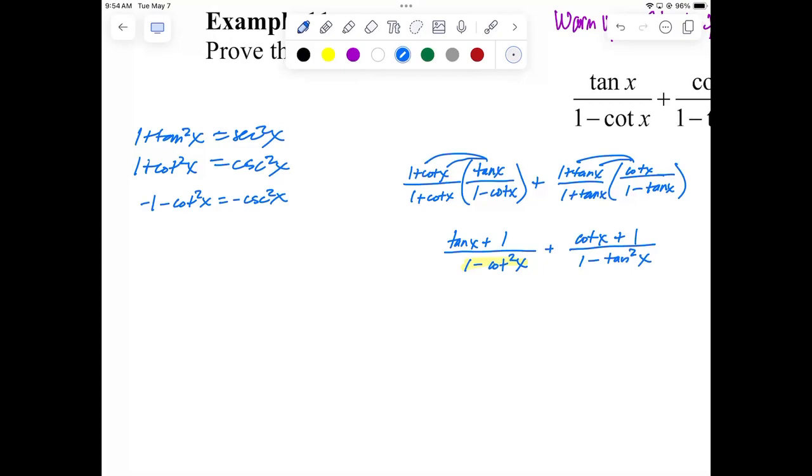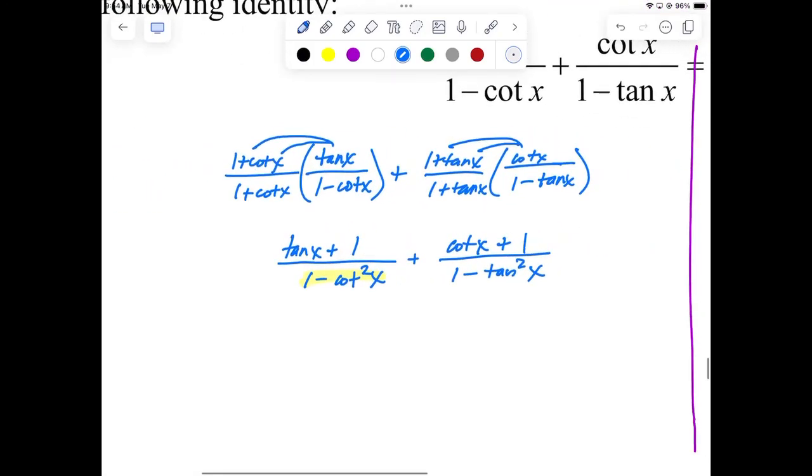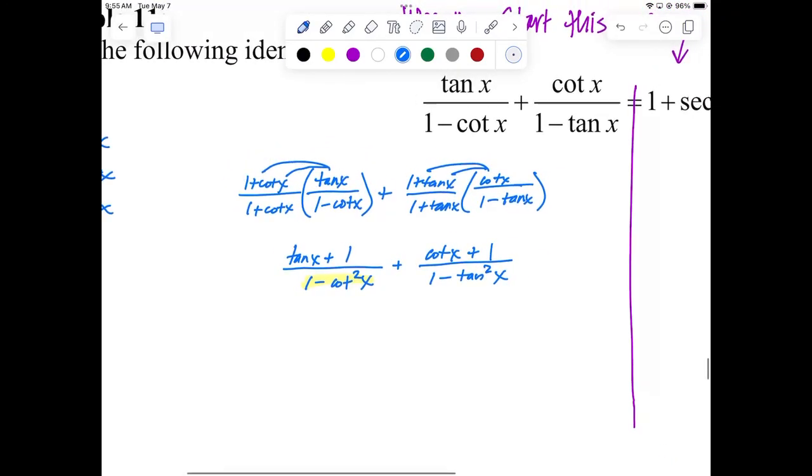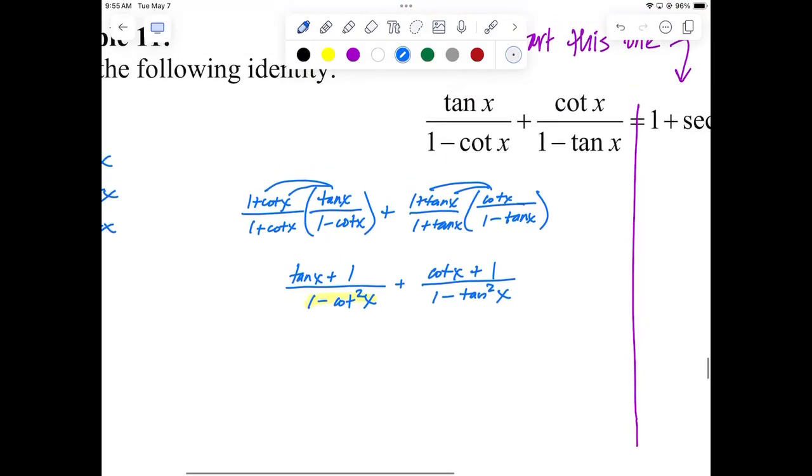I was hopeful too. So what do we do from this step? Yeah, if you wanted to keep going down this vein, you could say, okay, now I'm stuck. I'm going to put it in terms of sine and cosine. But if you're going to put it in terms of sine and cosine, maybe you should retreat back to the beginning and do that, right?